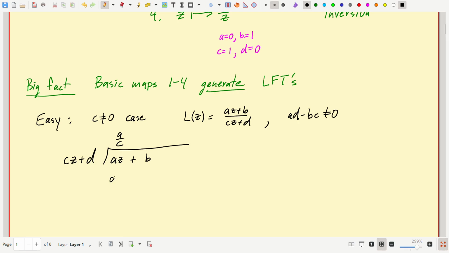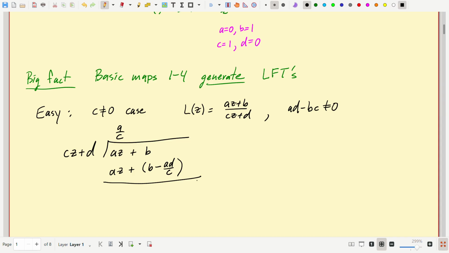That would give me az plus b minus ad over c. Oops, I'm sorry, that's what goes, let me fix this. That's what's supposed to go here.